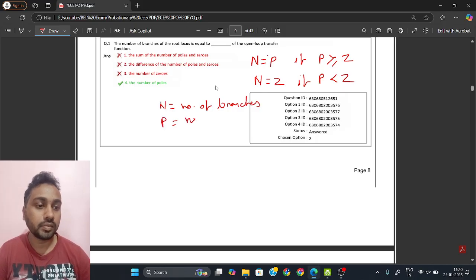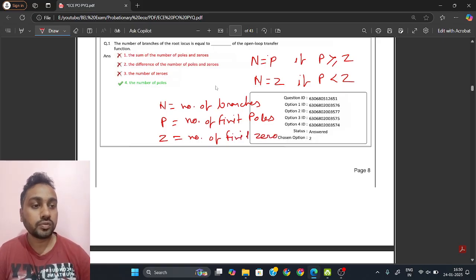P is the number of finite poles, and z is the number of finite zeros. So if p is greater than or equal to z, meaning the number of poles is greater than or equal to zeros, then the number of branches is equal to the number of poles.